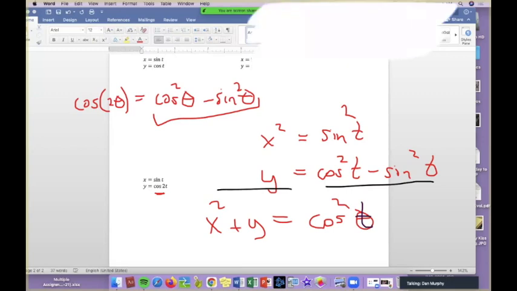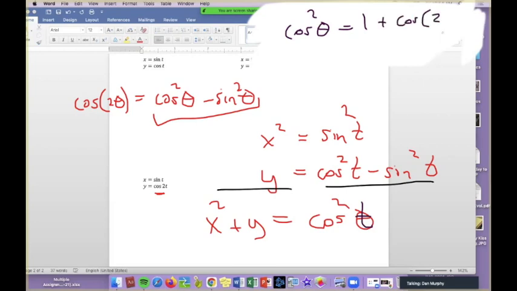You know what, I'm sorely wasting time here. Apologies. The identity you're going to want to use is cosine squared of theta is equal to 1 plus the cosine of 2 theta over 2. So notice that the cosine of 2 theta is equal to y. So this ends up being 1 plus y over 2.